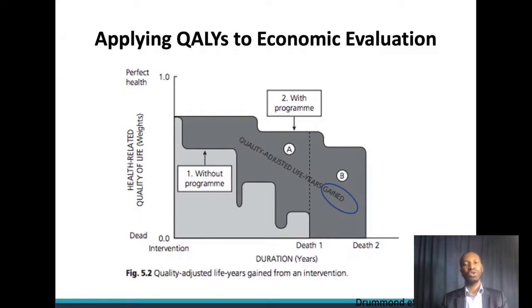The area between these two curves is the QALYs gained by the intervention. On this figure, part A represents the QALY gained due to quality improvement, meaning the quality gains during the time that the person would have otherwise been alive anyhow. Part B of the figure is the amount of QALY gain due to quantity improvements, meaning the amount of life extension, but adjusted by the quality of that life extension.